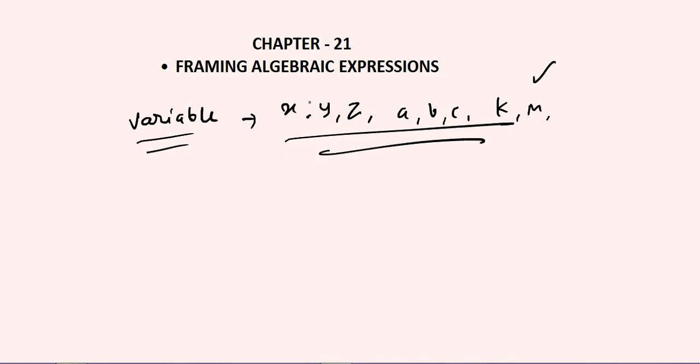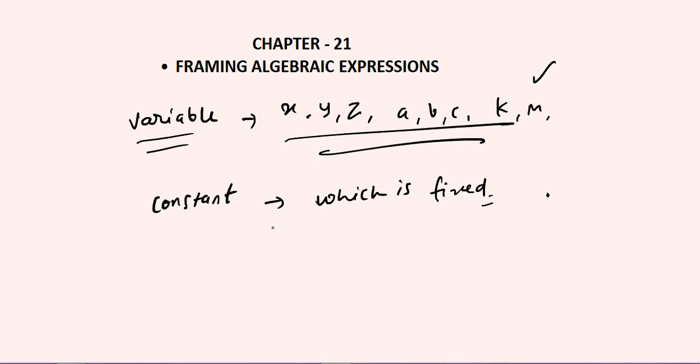And as per the question, these variables are changing. Then next is constant. Constant means what? Something which is fixed. Just like the number of days in a week, the number of hours in a day, the number of minutes in an hour, then the number of seconds in a minute, like that.